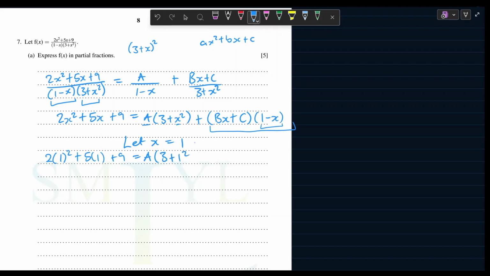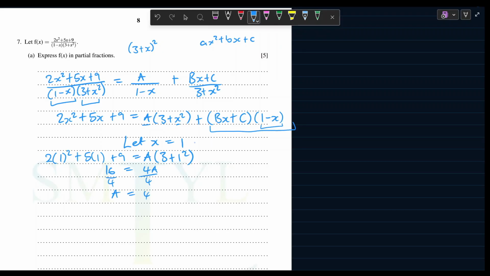And we say this term is going to be 0. So on the left, we get 2 plus 5, which is 7, plus 9, which is 16. So 16 is equal to 3 plus 1, 4 times a. So 4a, divide both sides by 4, you get that a is 4.